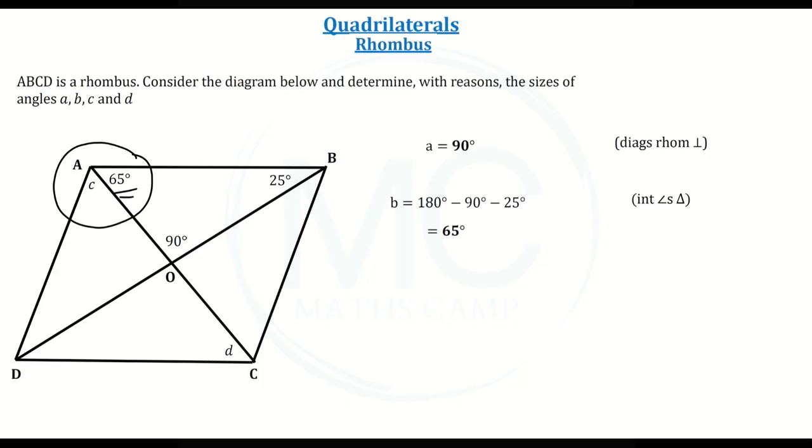C is the other half of angle A, which means that C is also 65 degrees because the diagonals of a rhombus bisect interior angles. Now in our diagram, let's take C out and we can write in 65 degrees.